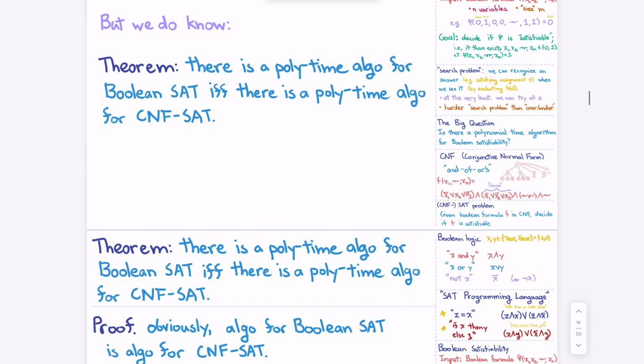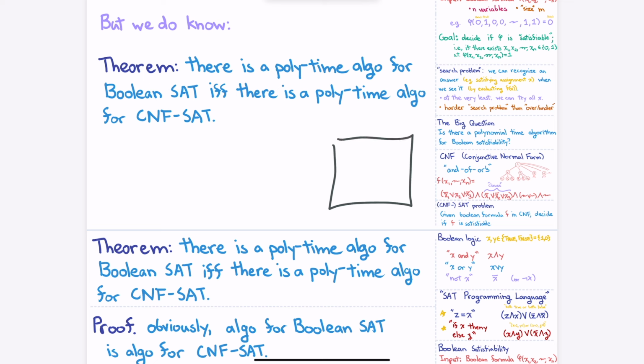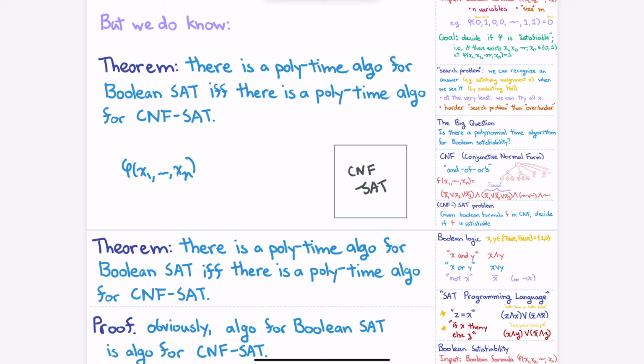At some level, what we're asking is, I should draw a black box. If you had a black box that can solve CNF SAT, and now you have some arbitrary Boolean formula, the claim is that somehow you can use this black box.